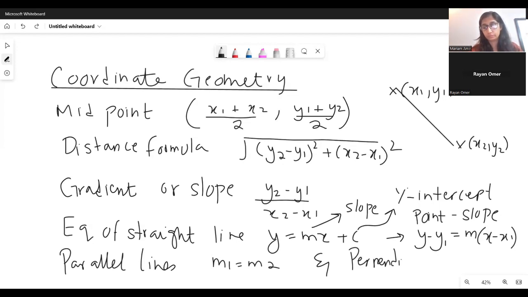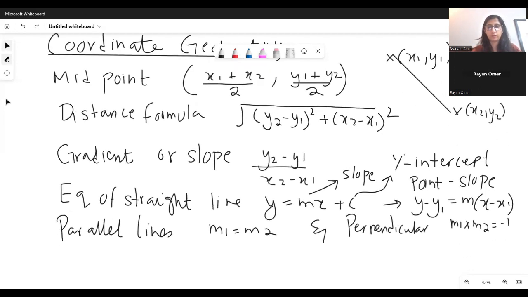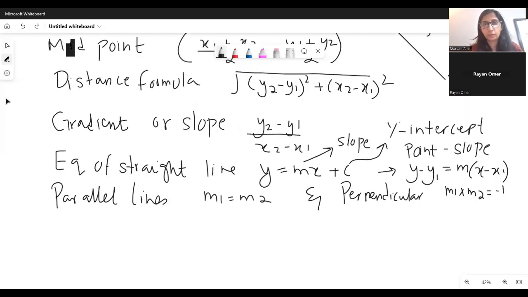Miss, then negative reciprocal. Yes, and in terms of formula, it's m1 times m2 equals minus 1. And by negative reciprocal, if one of the slopes is 3 by 5, then the perpendicular slope m2 would be minus 5 over 3.